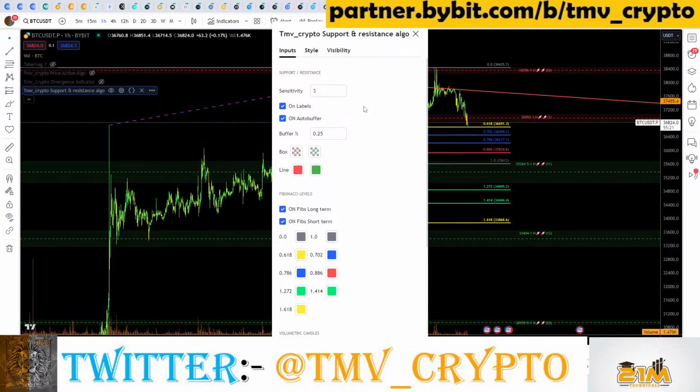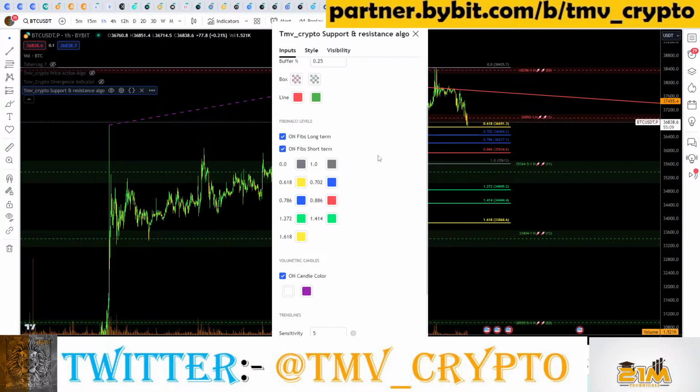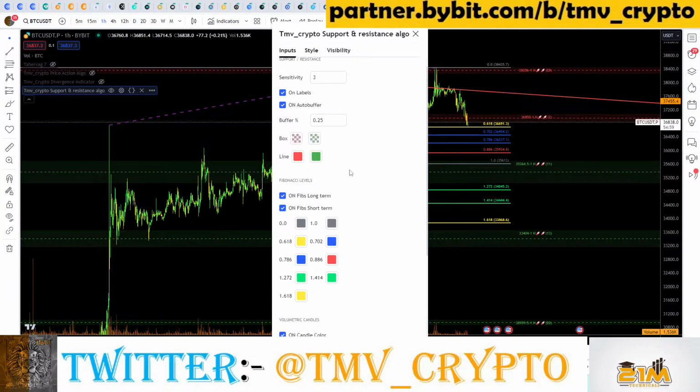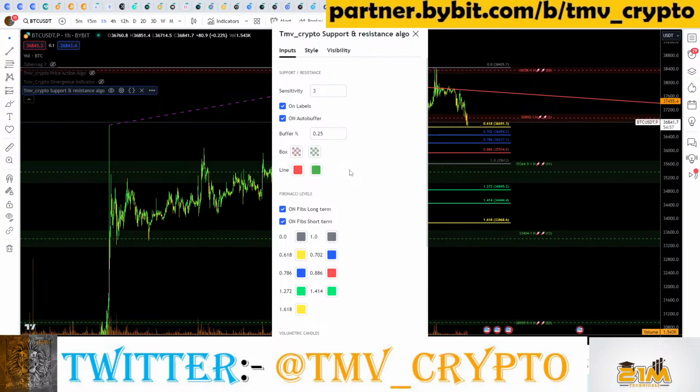I've tried to make it simpler for you guys. We have 4 things in this whole support and resistance algo. The primary is support and resistance. The second is Fibonacci levels. The third is volumetric candles, and the fourth is trend lines.